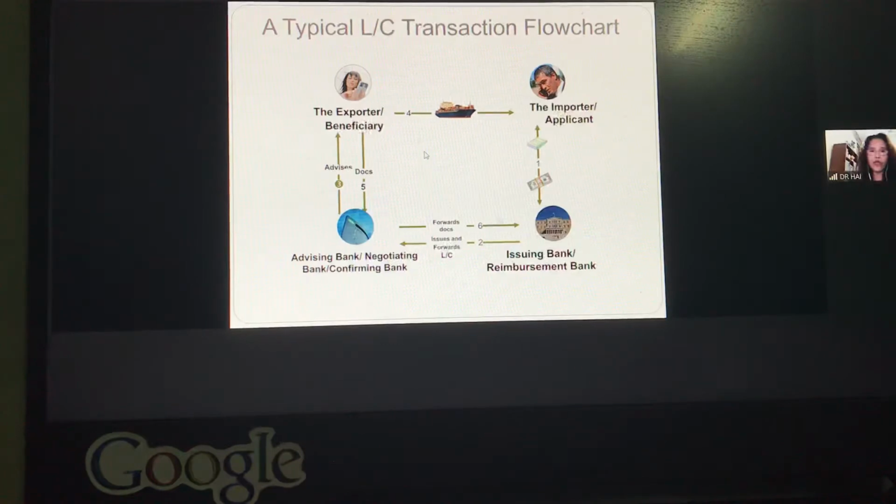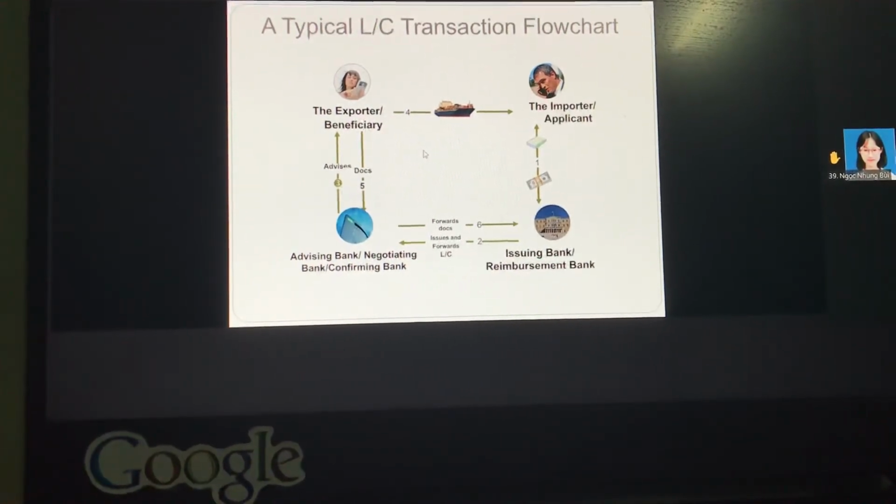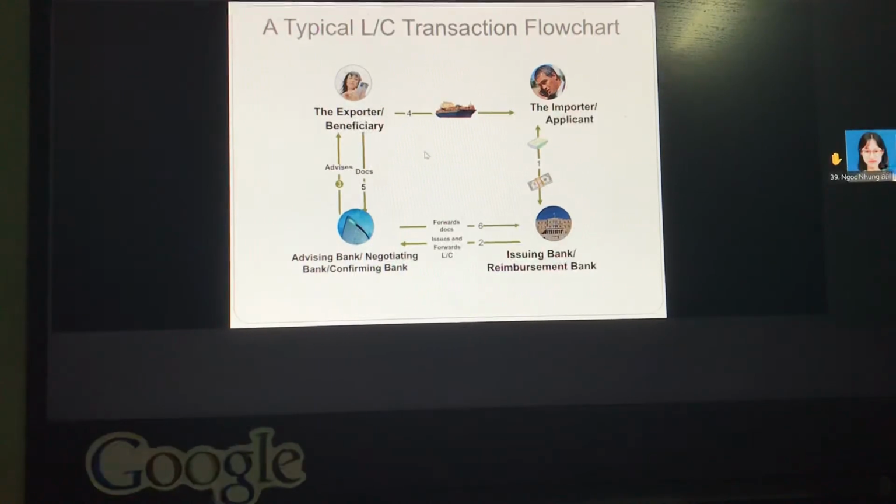It is not easy for you to fly from Vietnam to another country because of COVID-19. So, what about the other solution? So the other solution is you can consult the bank about the partner's business history to make sure that they have a good reputation.